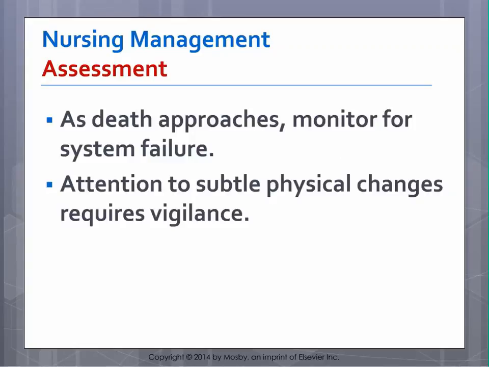As death approaches, monitor for system failure. Attention to subtle physical signs requires vigilance. Multiple systems often fail during the end-of-life period. Neurologic assessment is especially important: level of consciousness, presence of reflexes, and pupil responses. Evaluate changes in circulation, vital signs, skin color, and temperature.